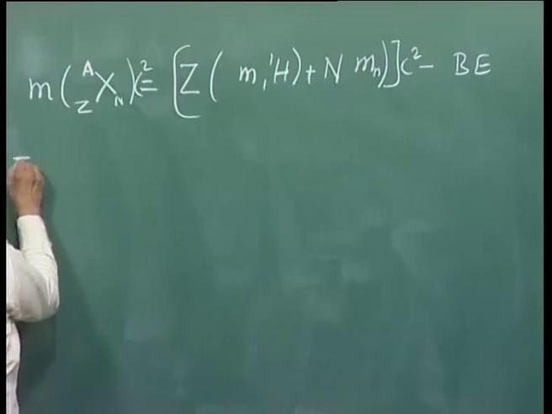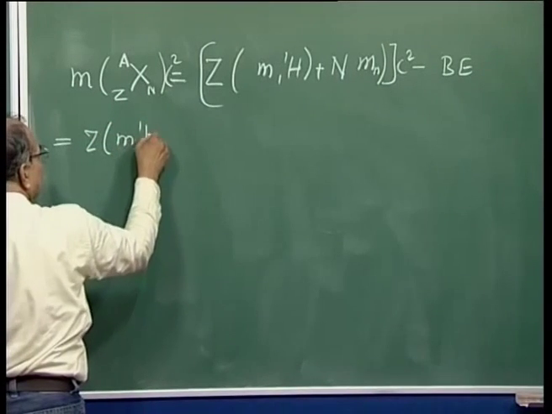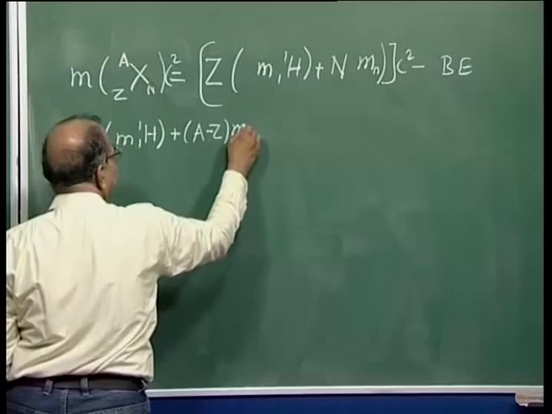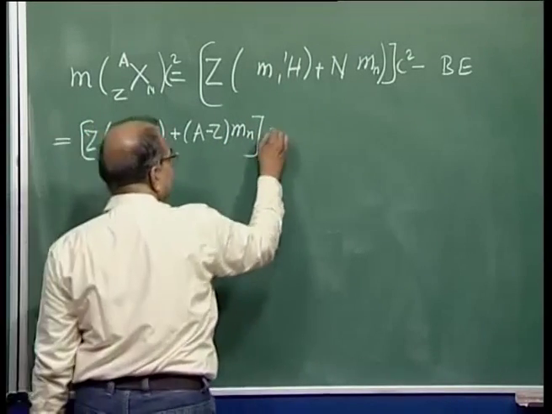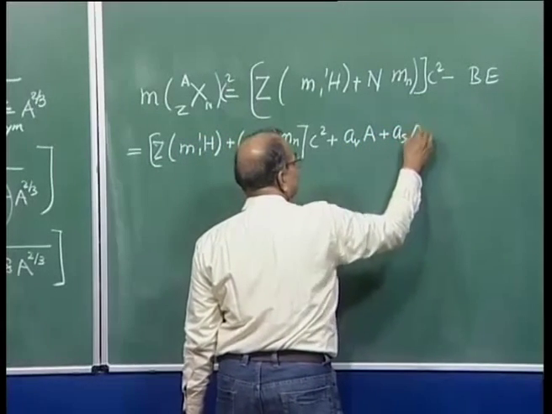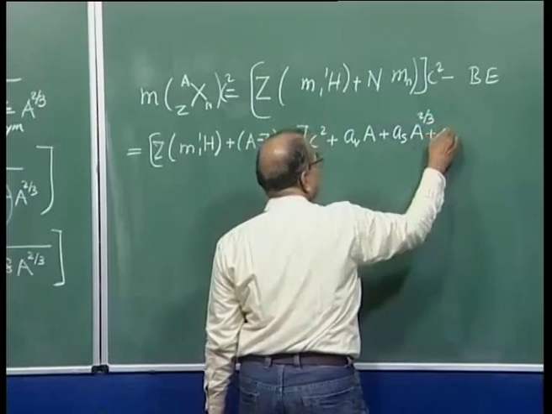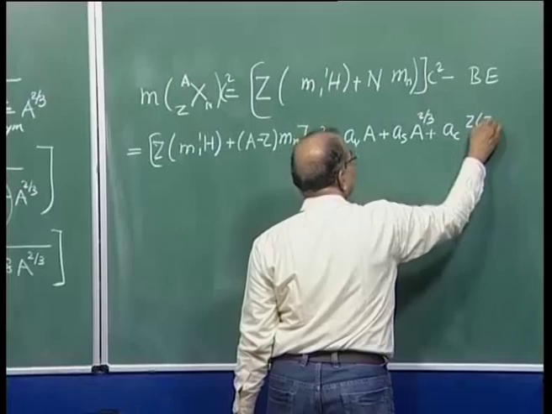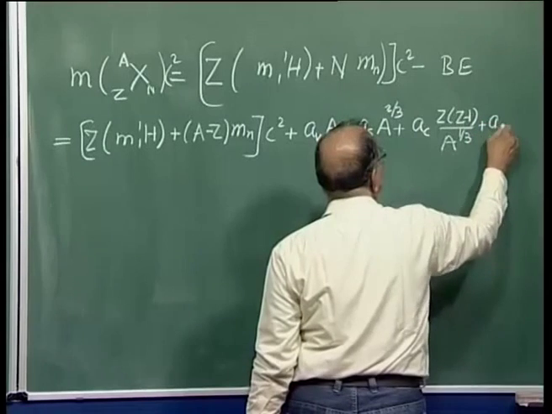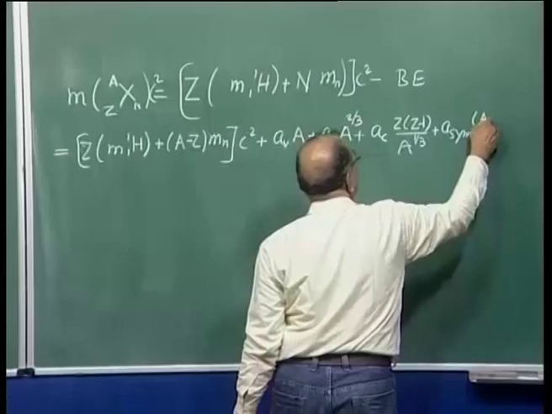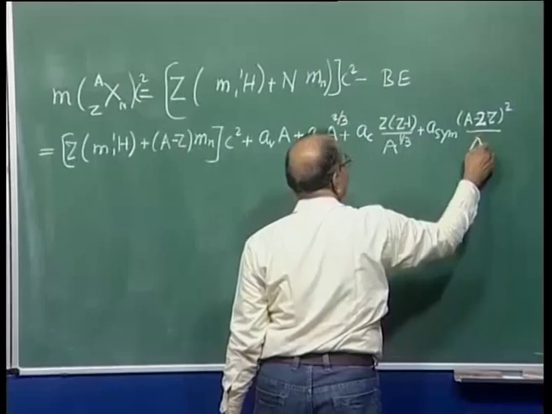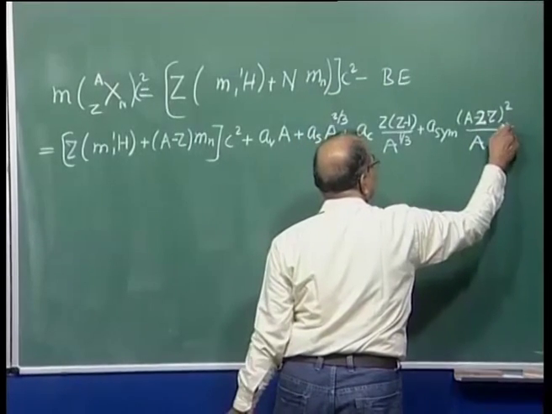So, this will be Z times mass of 1H1 plus (A minus Z) times mass of n, and then c square, and then minus binding energy will be plus a_V A plus a_S A^(2/3) plus a_C Z(Z minus 1)/A^(1/3) plus a_sym (A minus 2Z) whole square by A and plus or minus delta.